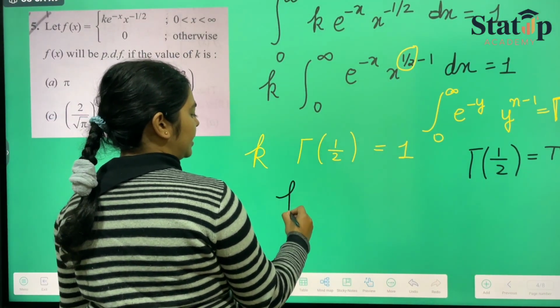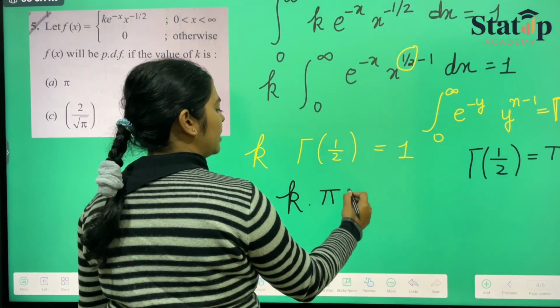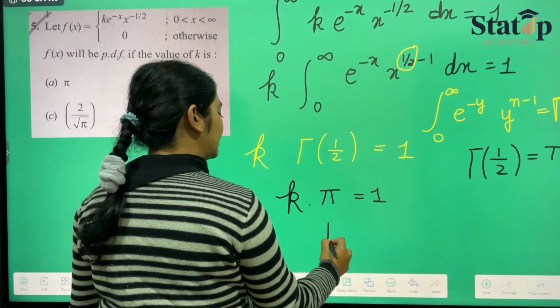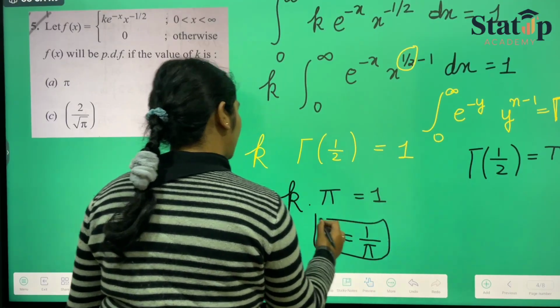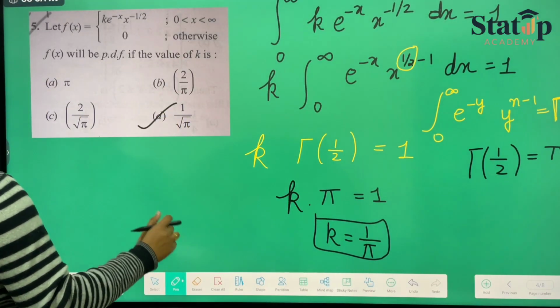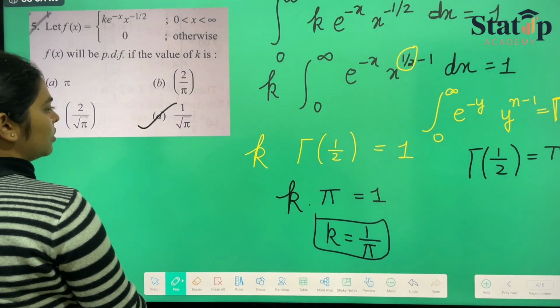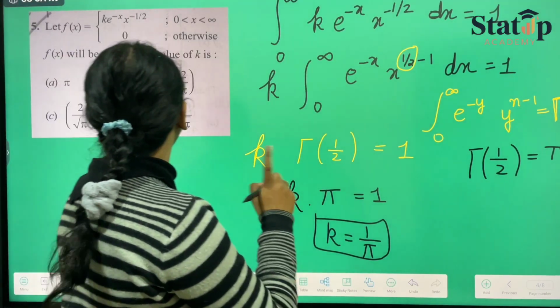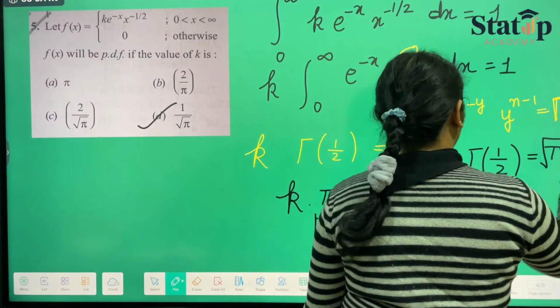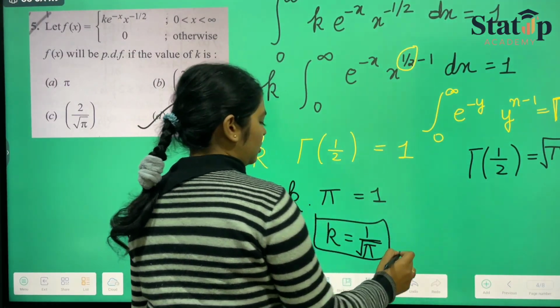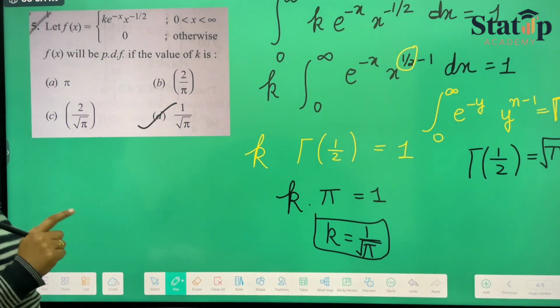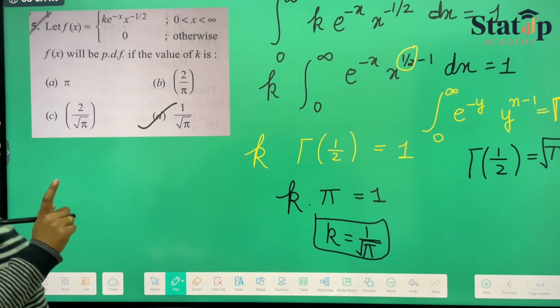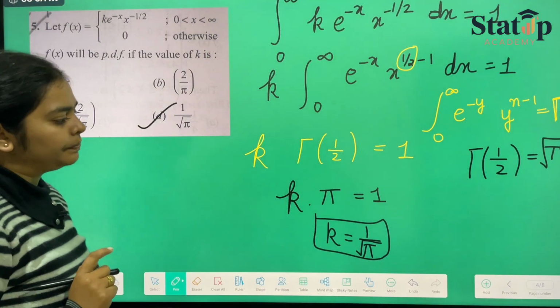So k into root pi is equal to 1, and k is equal to 1 upon root pi, which is our option number D. Gamma half is equal to root pi, and that's what we have done here.